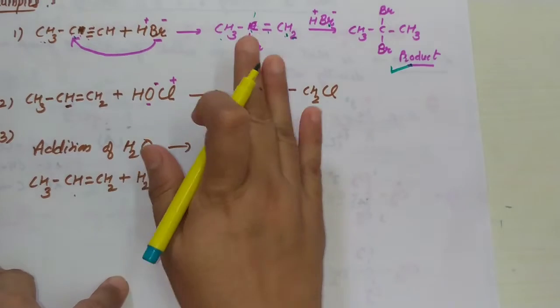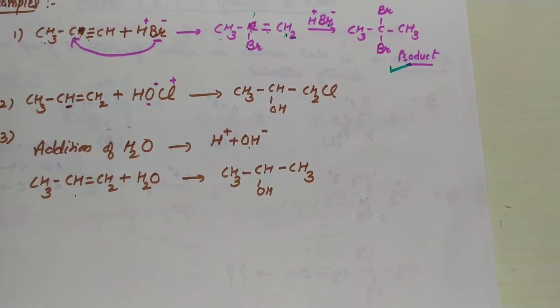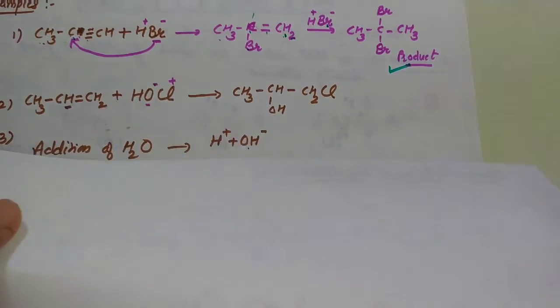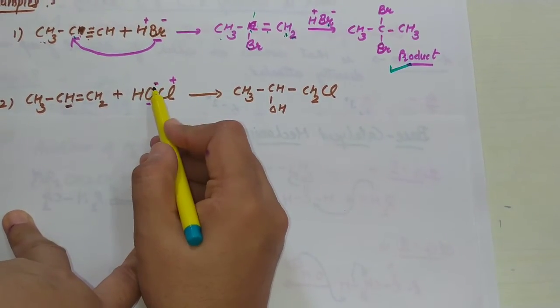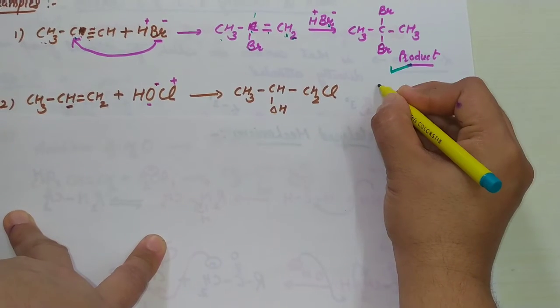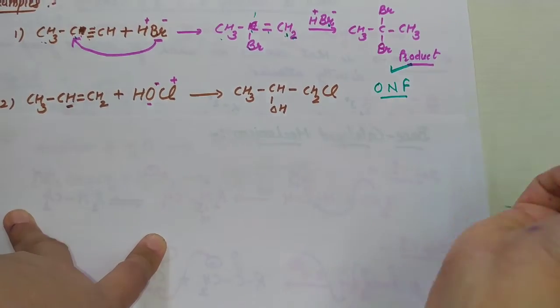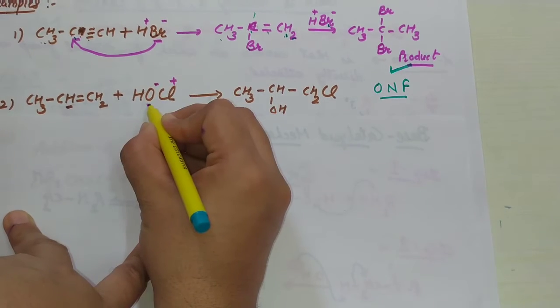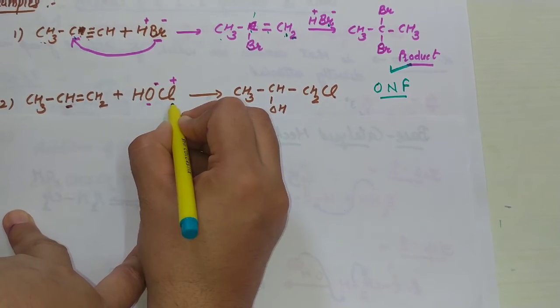Similarly, if I take the example of HOCl. As I have discussed earlier, oxygen, nitrogen, fluorine are more electronegative atoms. So oxygen gets negative charge and chlorine gets positive charge according to the electronegativity difference.